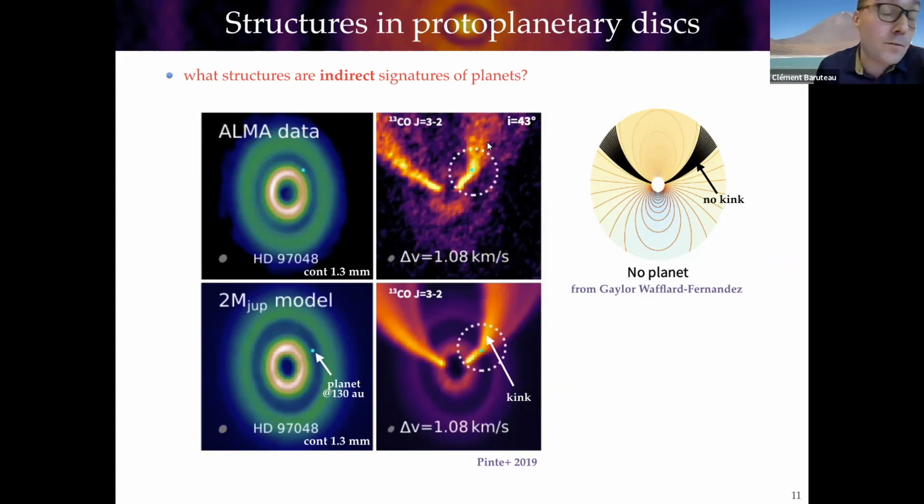And the same disk also observed with ALMA, but now in the 13CO 3-2 rotational emission, again in the sub-millimeter. And when the emission is observed at a particular channel map, so at a particular wavelength of emission, we have this particular emission there, which looks like this butterfly-like shape, if you want.